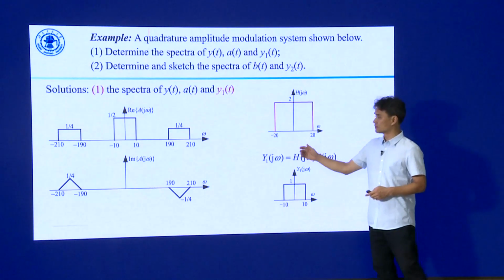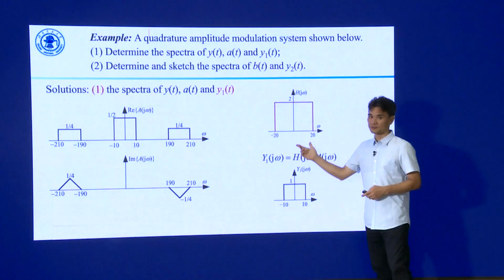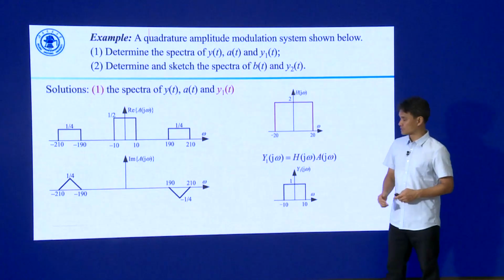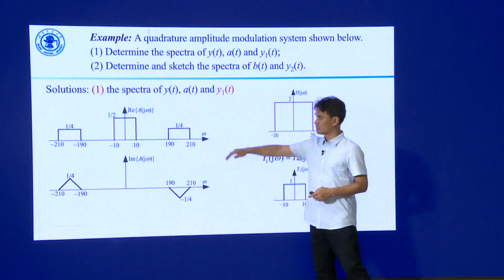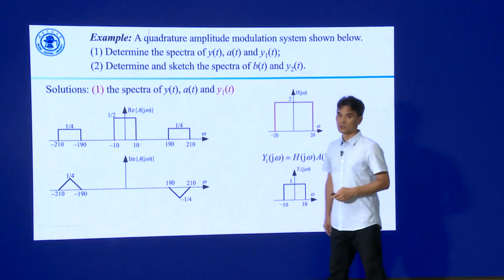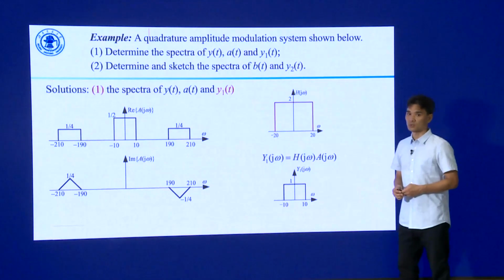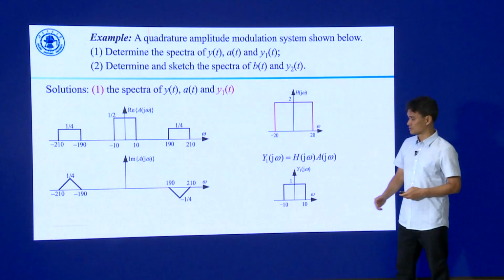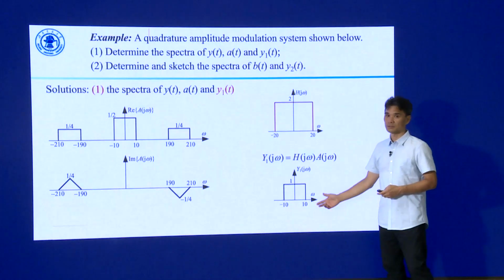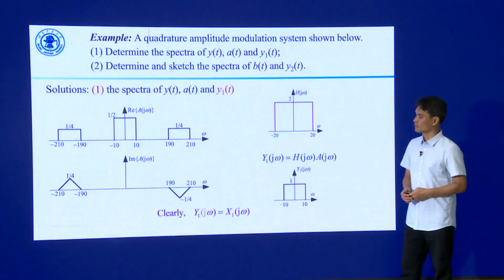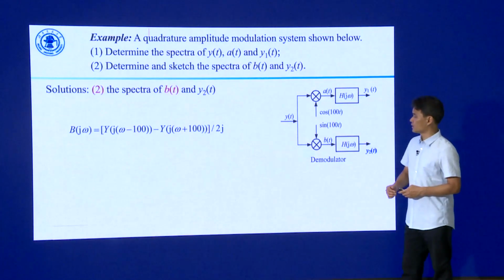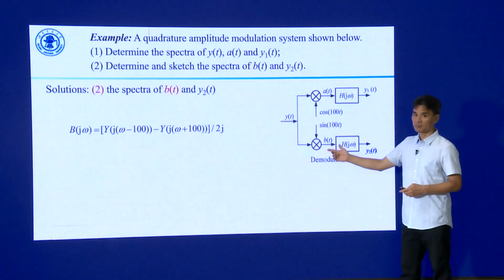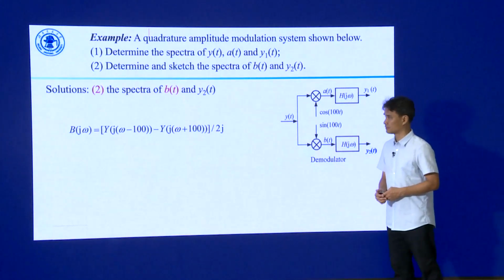Therefore, after the ideal low-pass filter, the resulting signal is only related to the signals in the real part of the modulated signal, which is x1 of t. Well, now let's switch to the second branch, B of t.